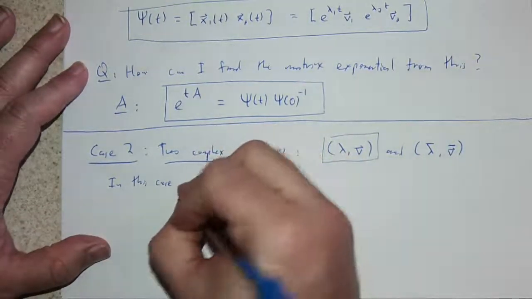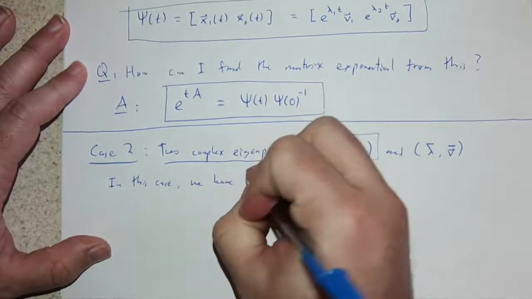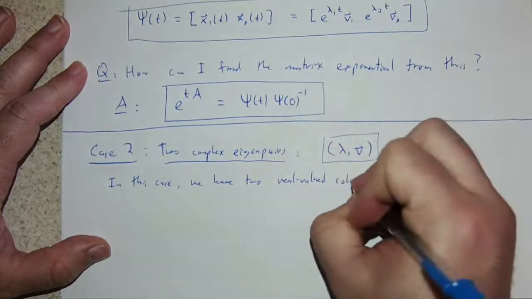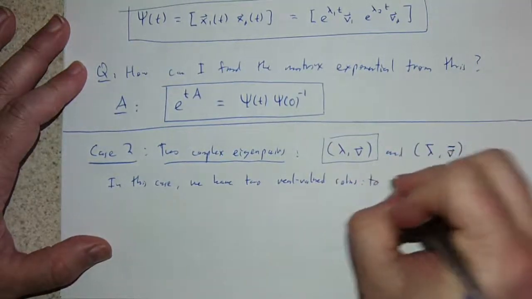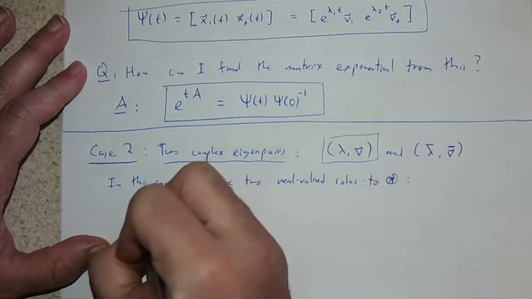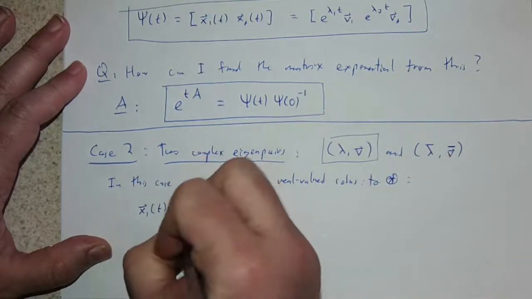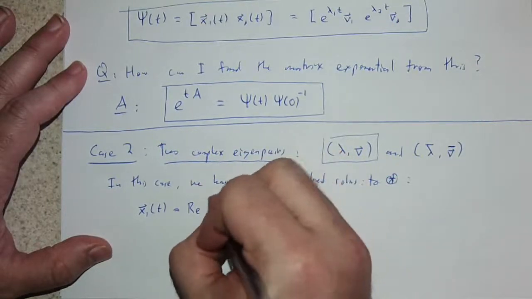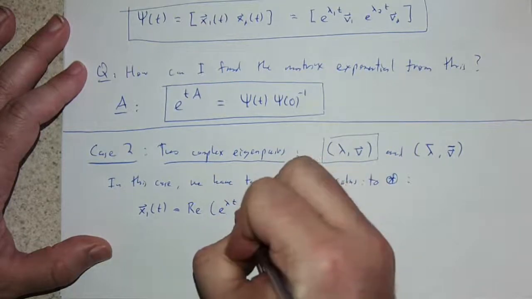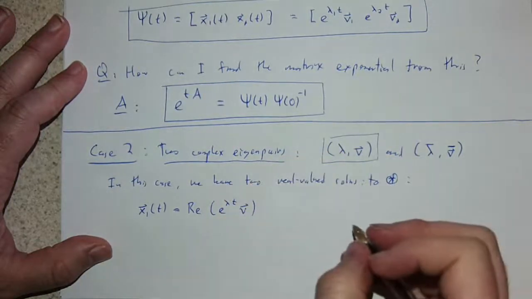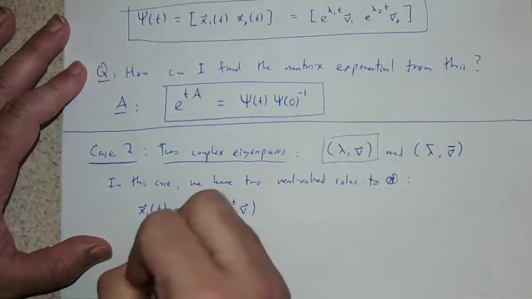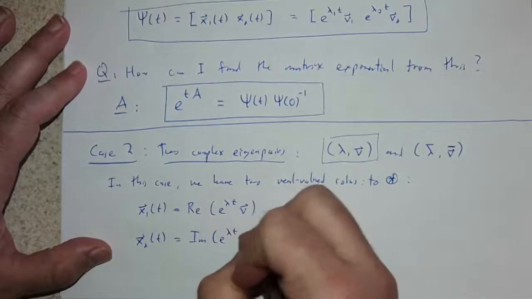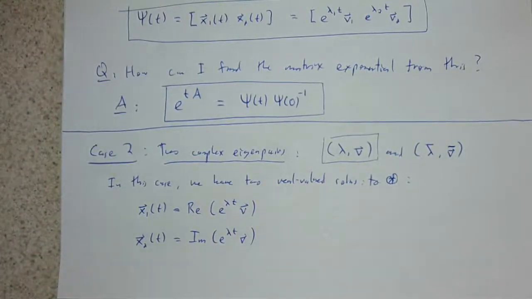So in this case, we have two real valued solutions to star, which are x1 of t equals the real part of e to the lambda t v, and x2 of t is the imaginary part of e to the lambda t v. Those are the two.